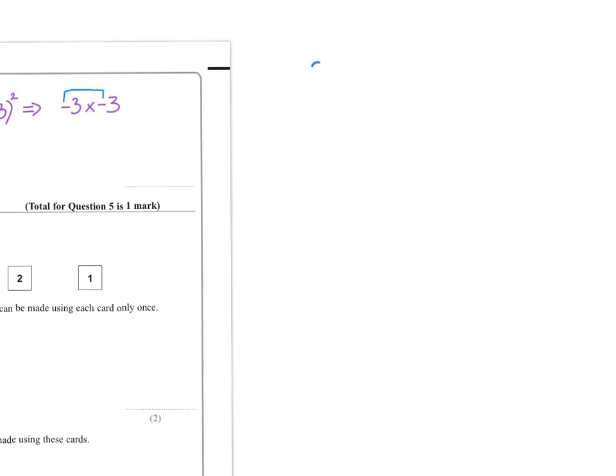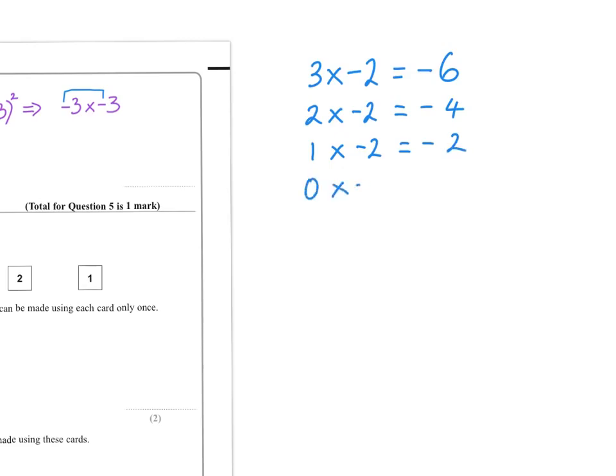If you took 3 times -2, well, 3 lots of a debt of 2 would be a debt of 6 altogether, so you'd get -6. 2 times -2 would be -4. 1 times -2 would be -2. No lots of -2, or 0 times -2, would just be 0.